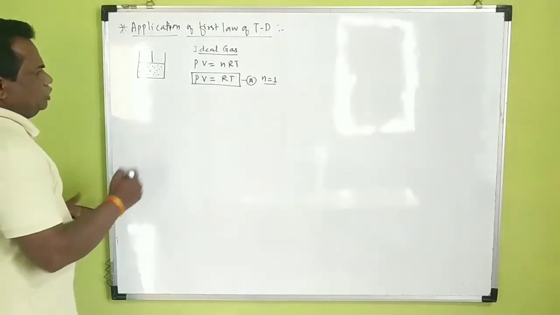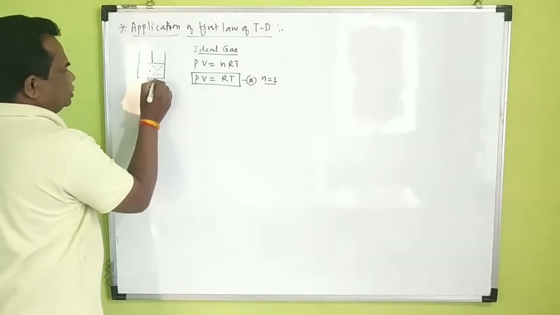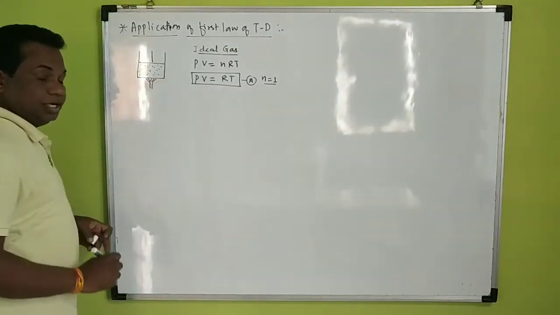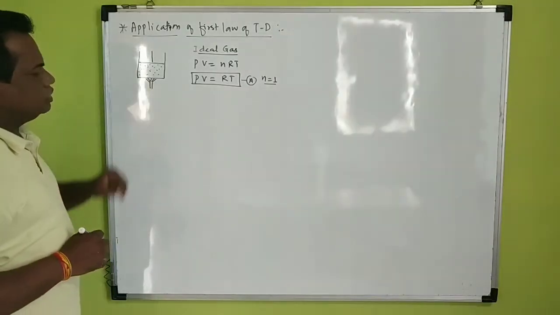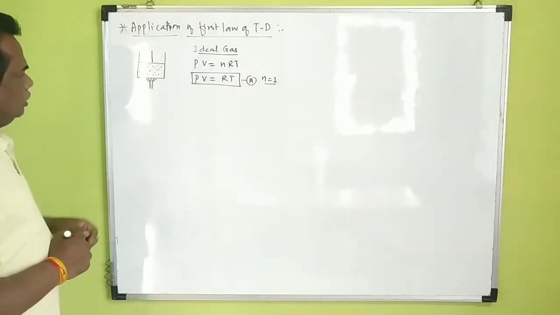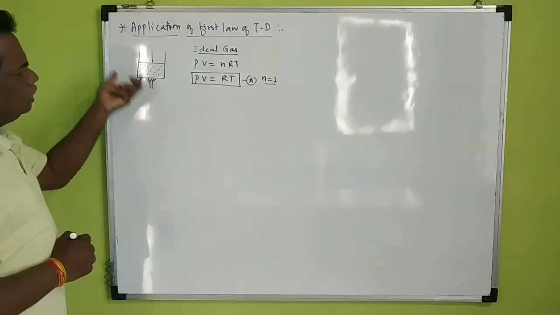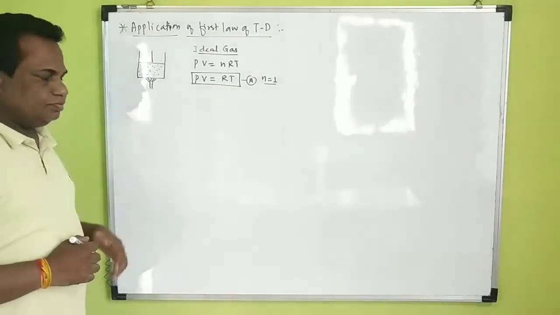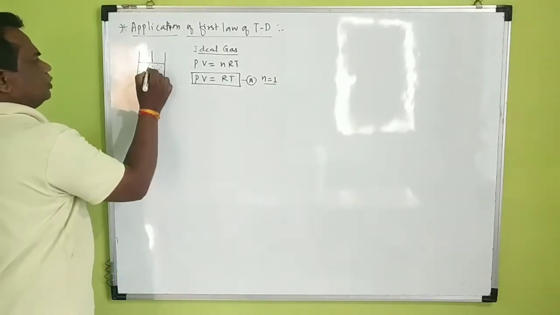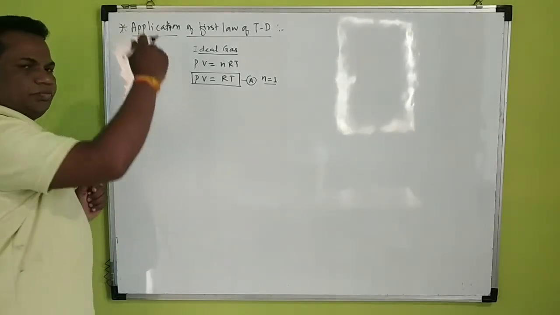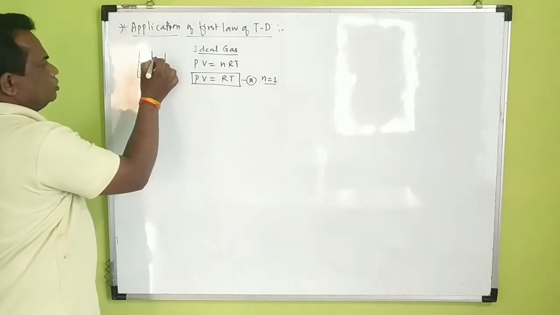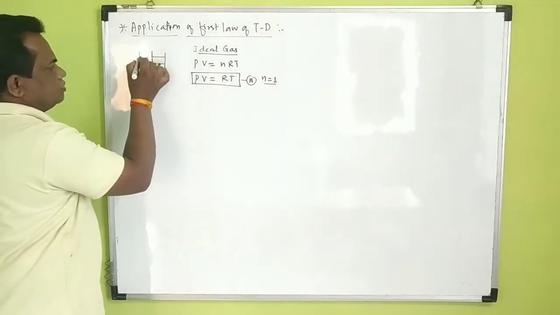So when you provide a certain amount of external heat energy to this system, some amount of energy increases its internal energy, and the other amount of energy will push this piston upwards. So now the piston becomes like this.